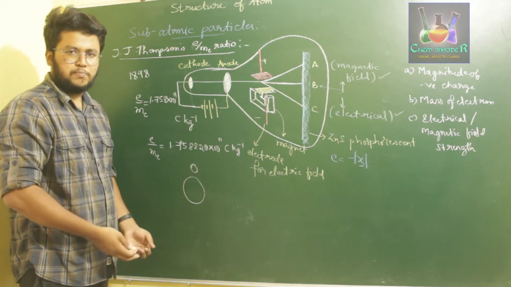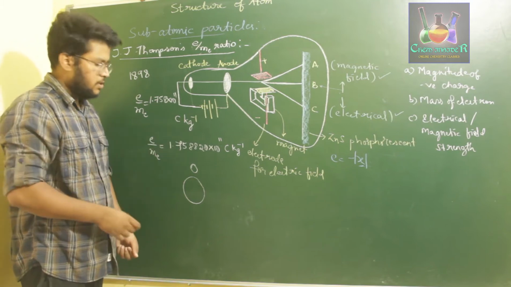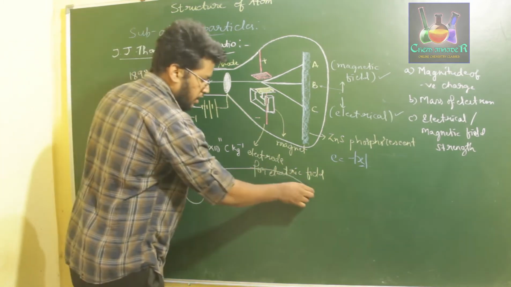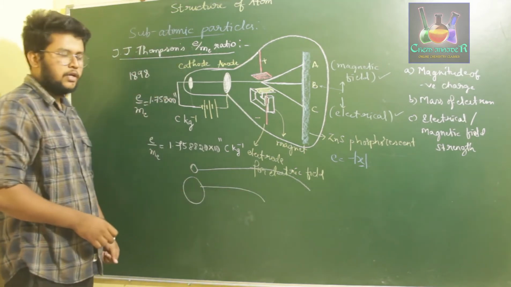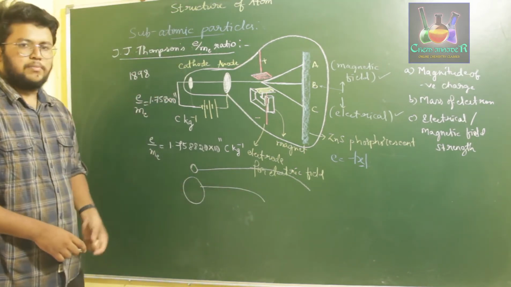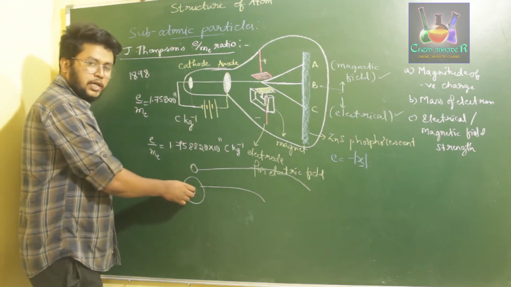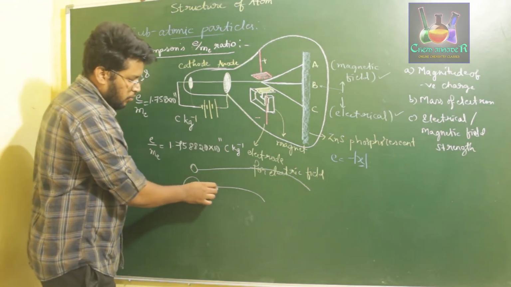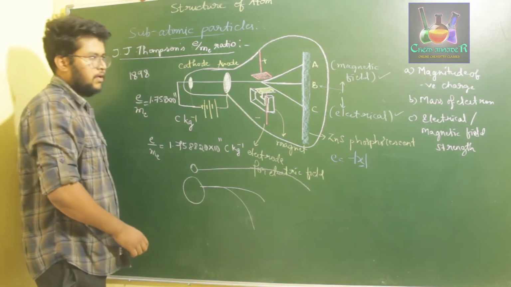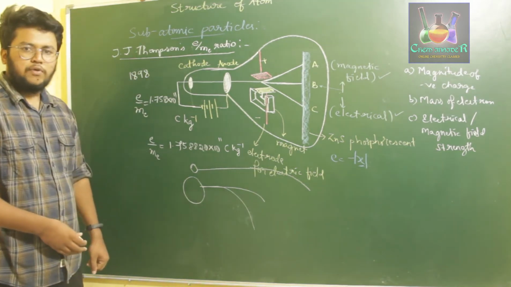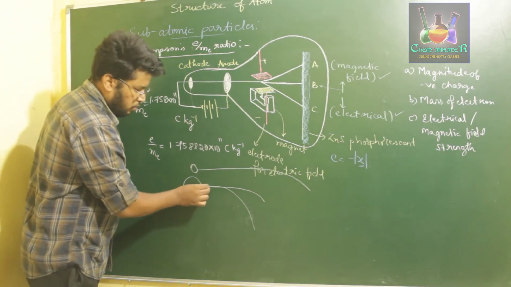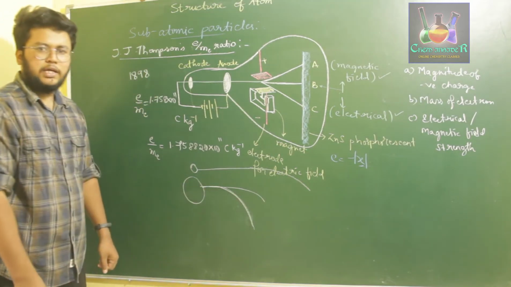If you throw a tennis ball and a football with the same speed in the same direction, the tennis ball moves a longer distance, whereas the football just moves a short distance and falls down, right? Using that concept, he said that if the mass of the electron is higher, then the amount of deflection will be lesser.